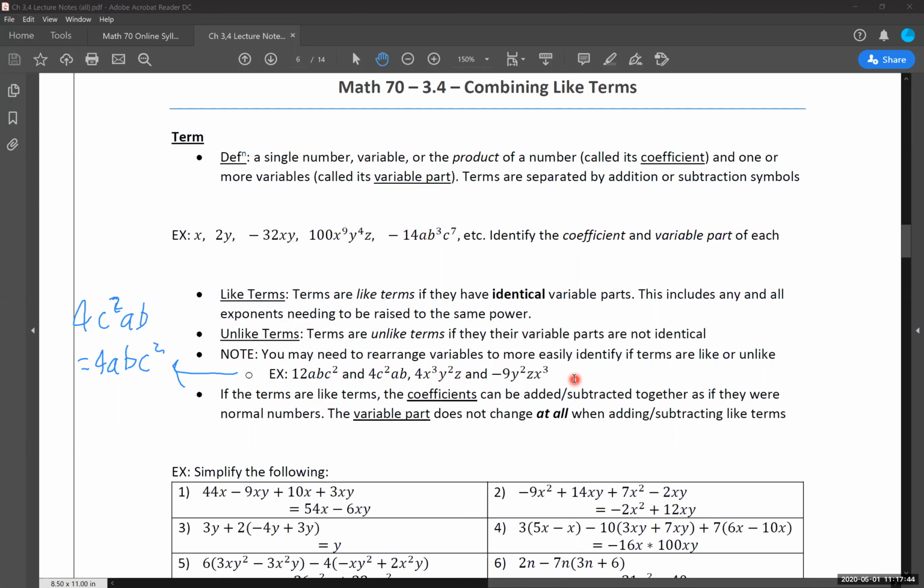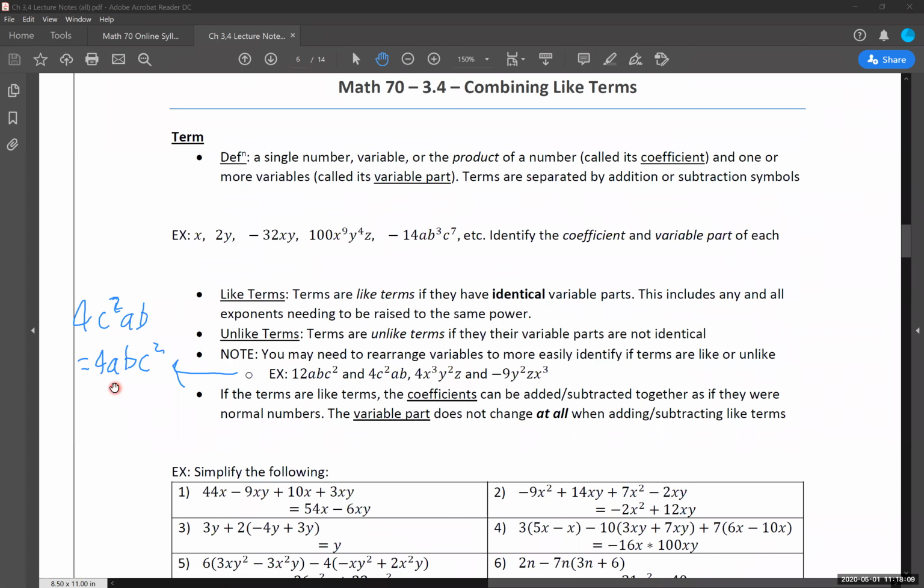The general rule of thumb, if you are asking yourself whether there is a standard way to always rearrange the variables to see if I have like terms or not: if you are going to rearrange the variable parts of terms, generally you want to organize them in alphabetical order. Looking at our first one, this one had C's, A's, then B's.